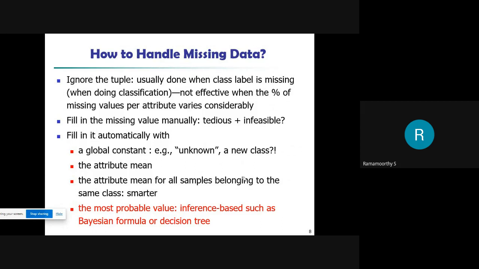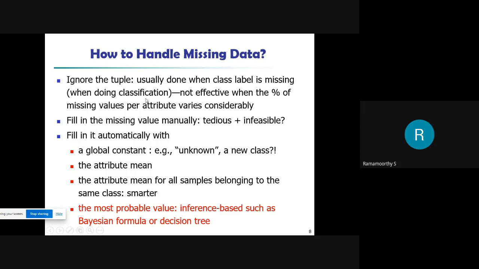Whenever the class label is missing, you can just ignore those tuples, right? It is not going to provide sufficient data for the classification, and it is not effective when the percentage of missing values per attribute varies considerably. If you have more missing values in your data set, then the quality of prediction is also going to be very low, right?